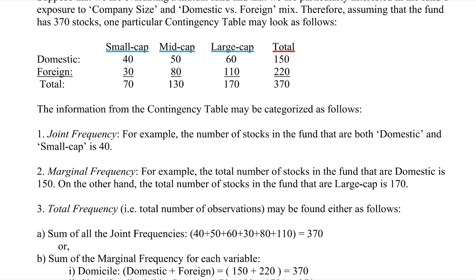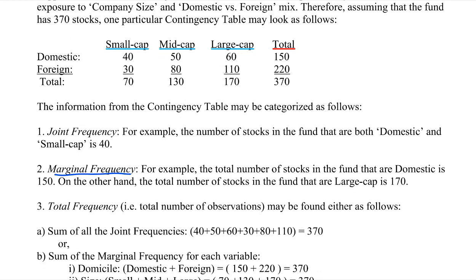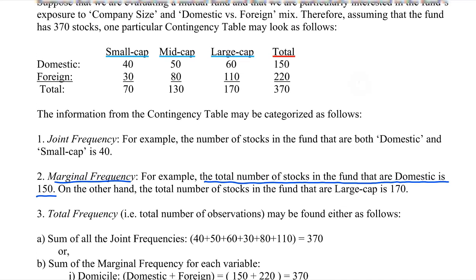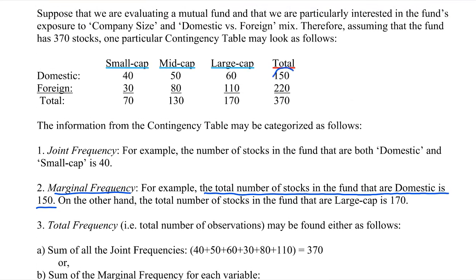Now marginal frequency, let's do an illustration. The total number of stocks in the fund that are domestic is 150. So marginal frequency is referring to these numbers right there. It's not talking about joint observations. It's just talking about a singular factor observation.